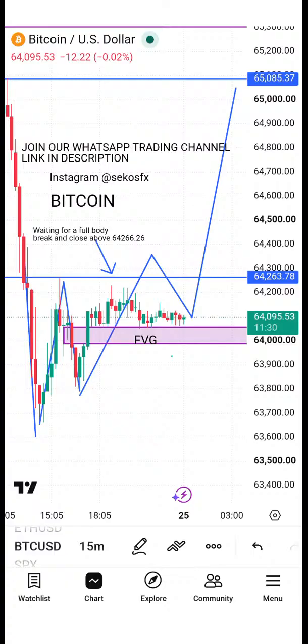Hey, guys, forgive me if I pronounce your names incorrectly. At price 64771 is a resistance range, and one can take a scalp trade.